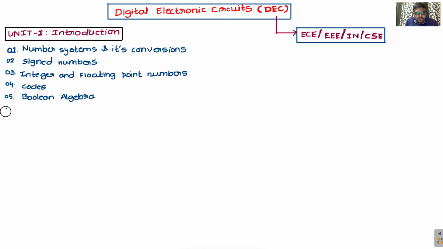The next sixth topic, Boolean function representation.